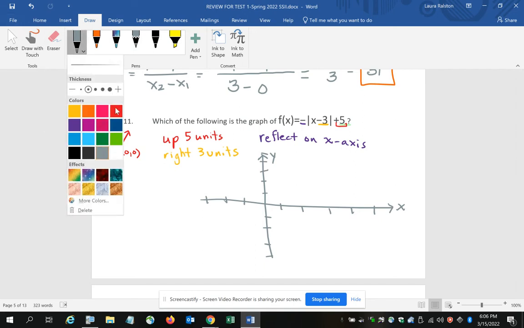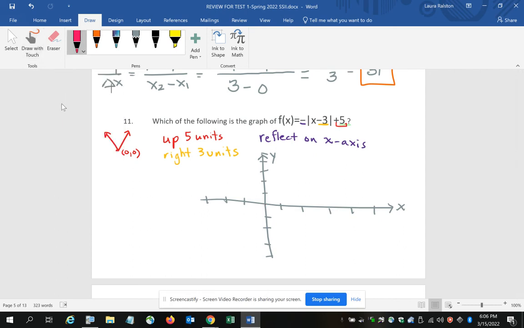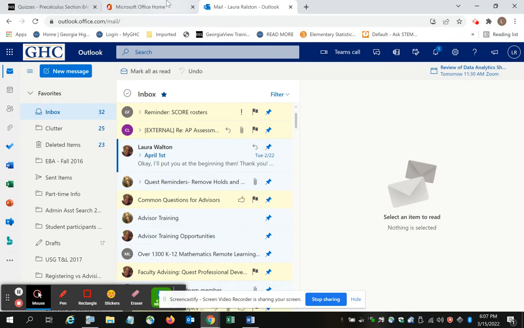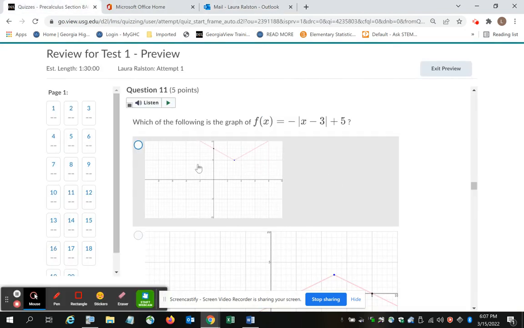If I were trying to match this one, I would normally be at 0, 0, but we're going to go up 5, 1, 2, 3, 4, 5, right 3, and we're going to reflect it, so my V is going to turn upside down. So let's go over and look at the choices in GoView for this particular question. The first option that I see is visually turned upward, so I know that's not right.